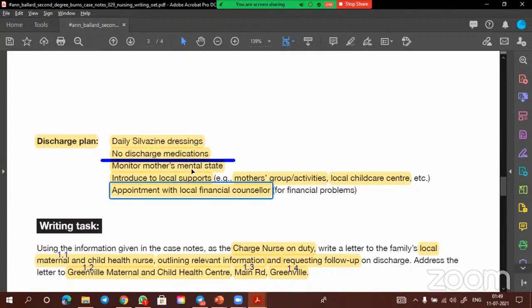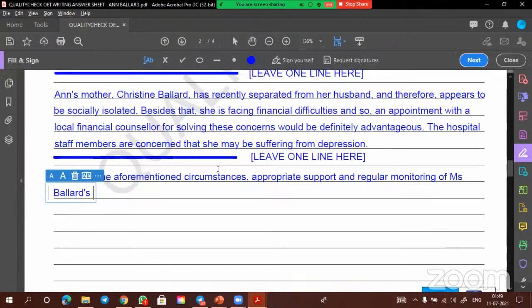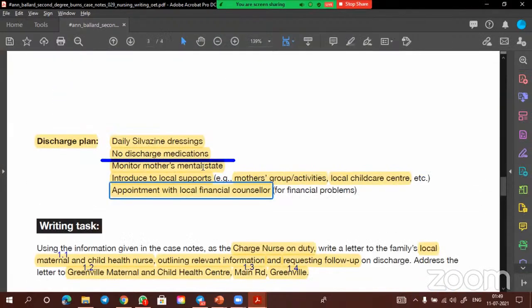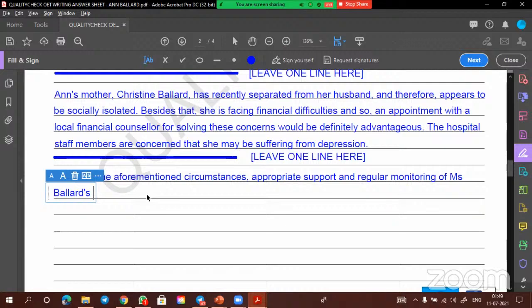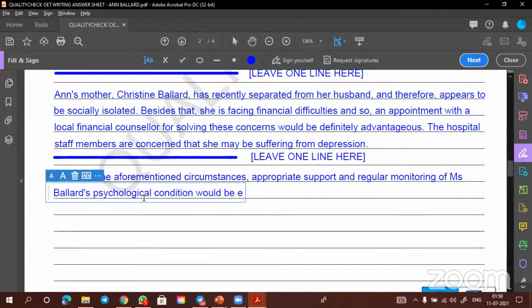Okay, psychological condition. So, psychological condition in Miss Ballard's would be extremely beneficial. So that's it.